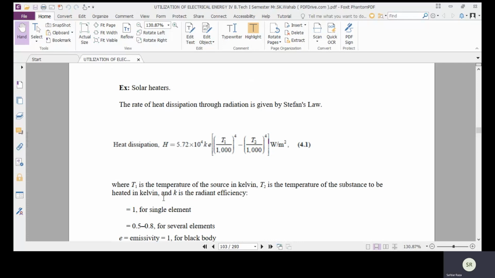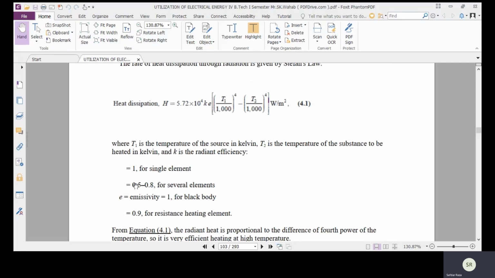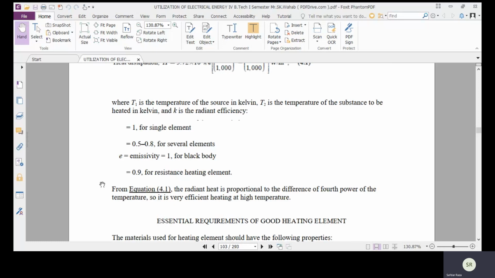K is 1 for a single element and its value varies from 0.5 to 0.8 if several elements are involved. E is the emissivity factor, which is 1 for a black body and 0.9 for a resistance heating element. From equation 4.1, the radiant heat is proportional to the difference of the fourth power of temperature. So it is very efficient heating at high temperature.